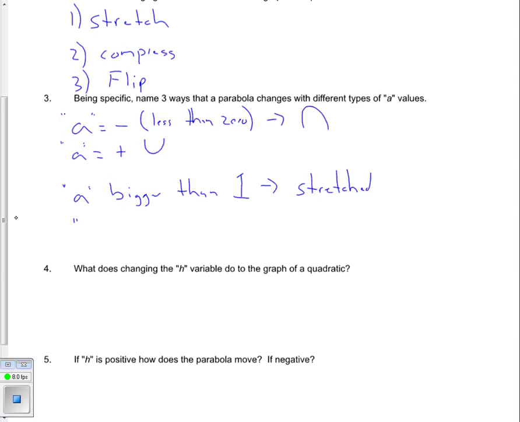If the a value is between, okay, that's what BT stands for, between 0 and 1, so it's less than 1 but bigger than 0, then it becomes compressed.